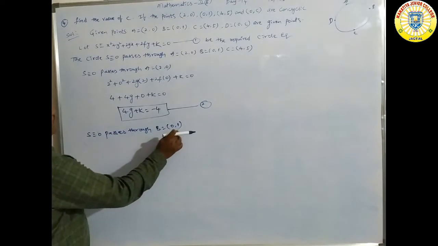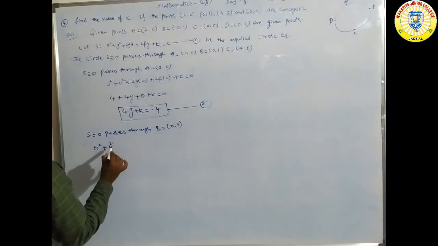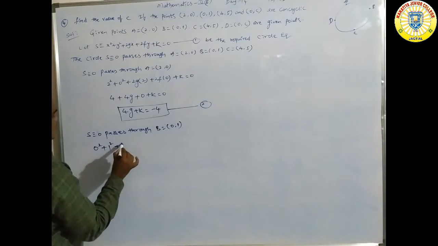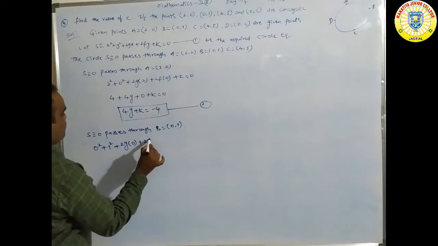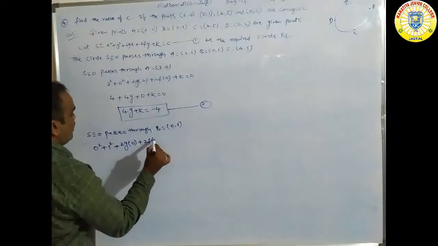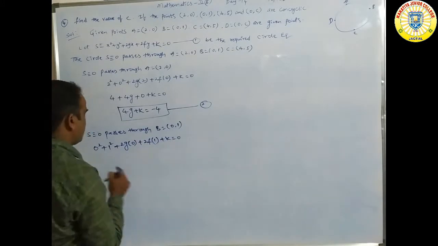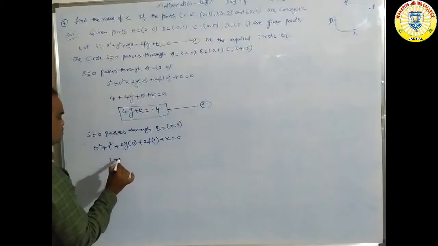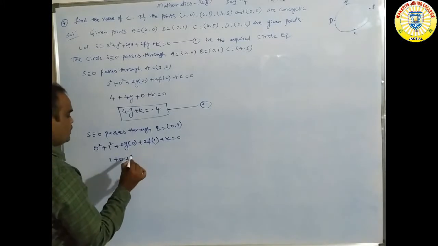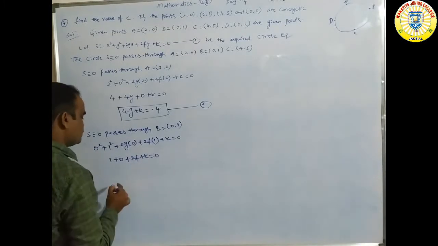Here we substitute (0, 1) in this equation: x equals 0, y equals 1. 0 square is 0, 1 square is 1, plus 2g into 0 is 0, plus 2f into 1 is 2f, plus k equals 0.